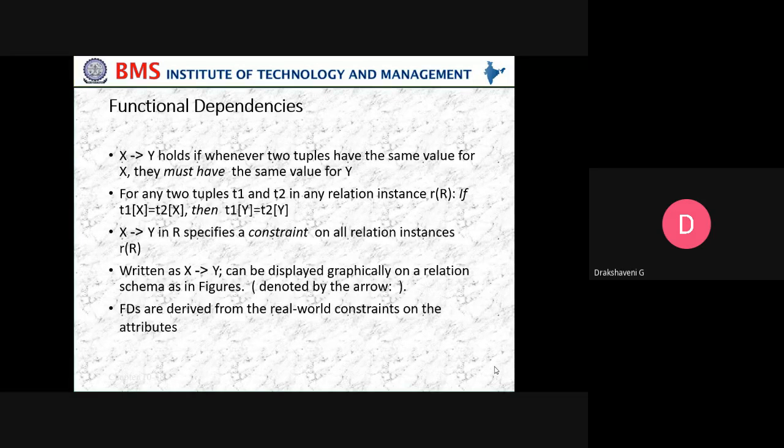This is what is called X is functionally dependent on Y: it holds if whenever two tuples have the same value for X, they must have the same value for Y. What that line says to us is this. Let us say we have created one student table for the third semester, where we have your USN, your name, all your third semester subjects, 31, 32, 33, 34, all the subjects' marks, even theory and lab marks, and finally a total column.